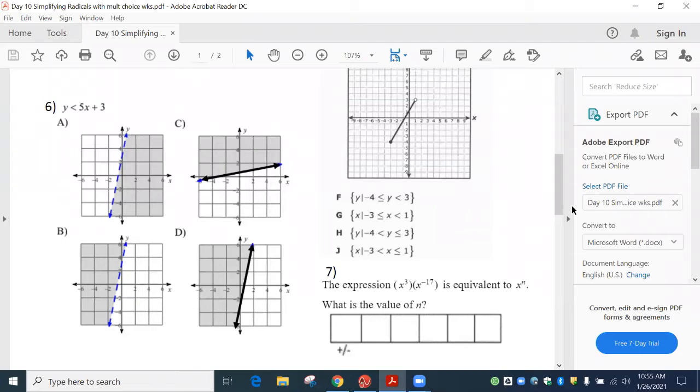So remember, when there's no equal to bar, something's always missing. When there's no equal to bar, like on these questions right here, that's not filled in. On this, when there's no equal to bar, the line's not filled in, it's dashed. When there's an equal to bar, it's a solid line. So there's no equal to bar, we can get rid of these two right here. So get rid of these two.